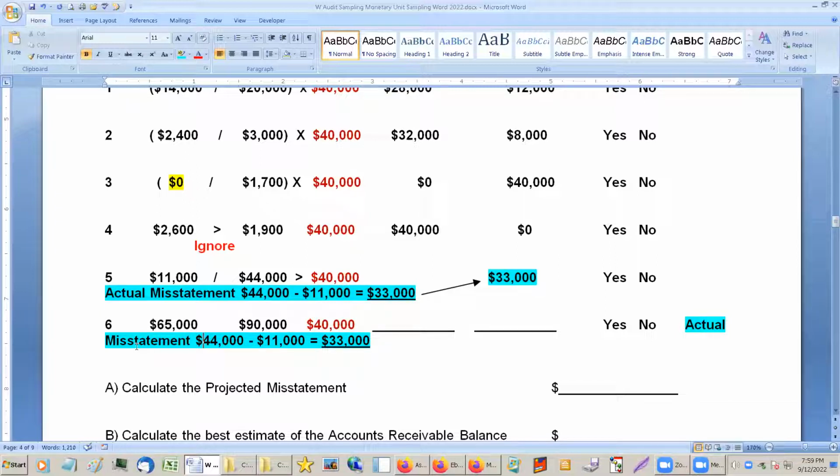So the actual misstatement down here is 90,000 minus 65,000. 25,000? Check that. Yeah, 25,000. Okay, so that's what we would do for that one too.